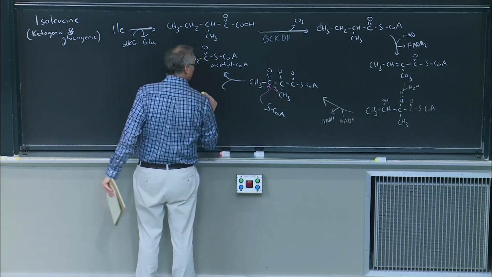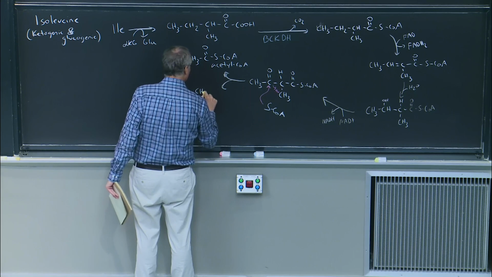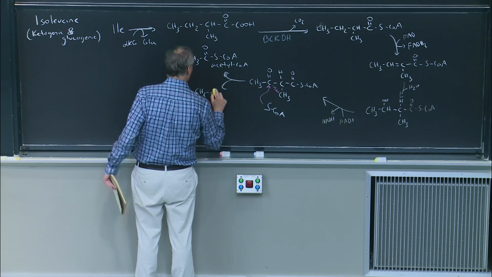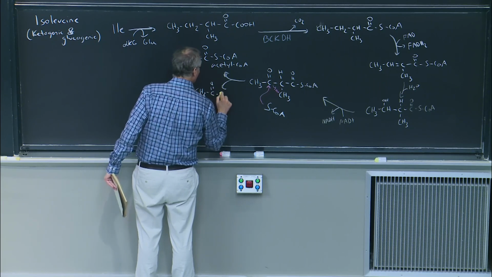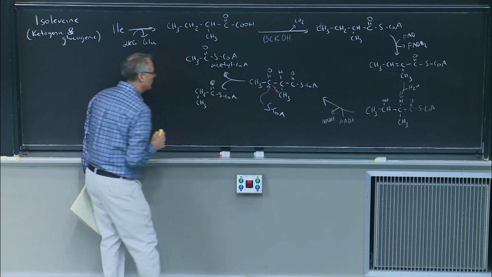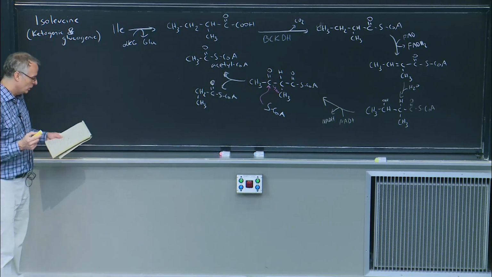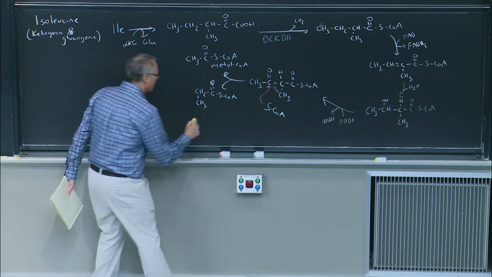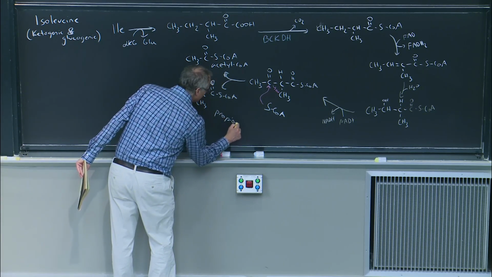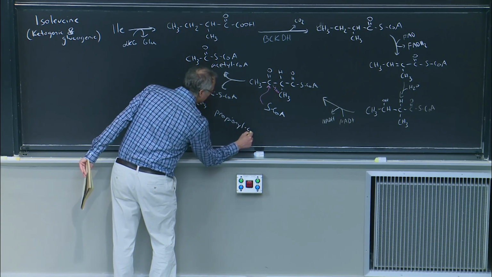The remainder of the molecule is this 3-carbon acyl-CoA. We saw this from odd chain fatty acid metabolism. This is propionyl-CoA.